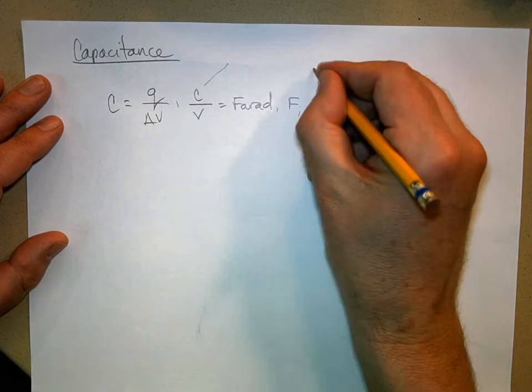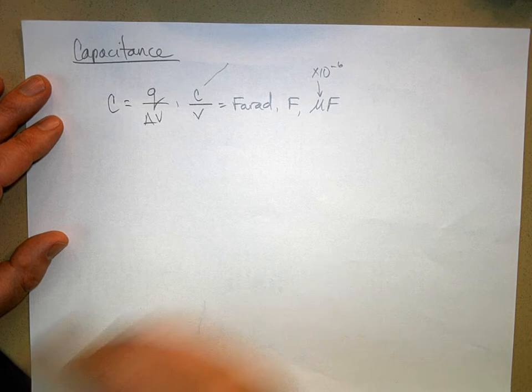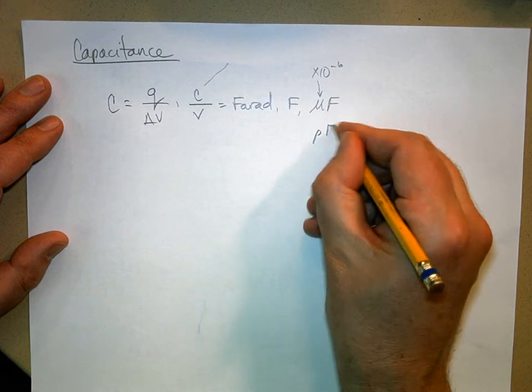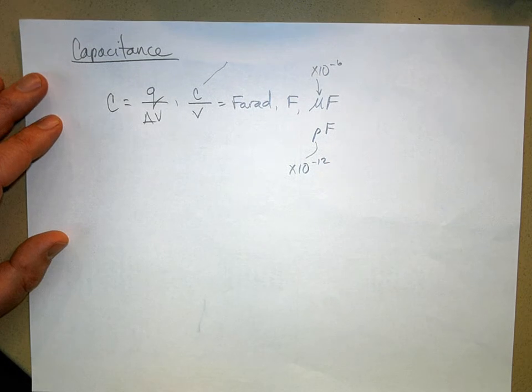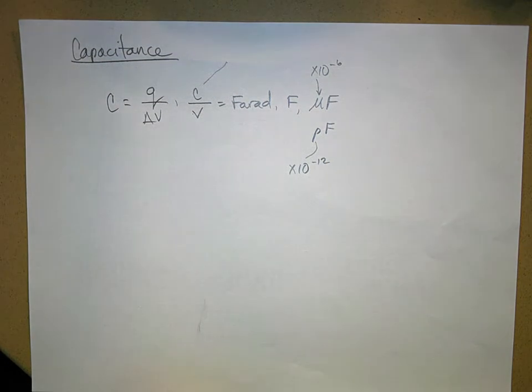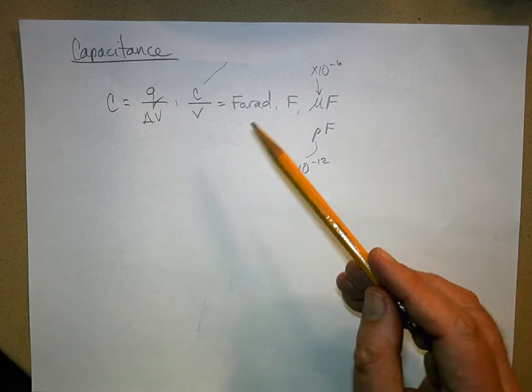Times 10 to the negative 6. What if it's a picofarad? 10 to the negative 12. A millionth of a millionth. They do nanofarads sometimes, I think. Billionths.